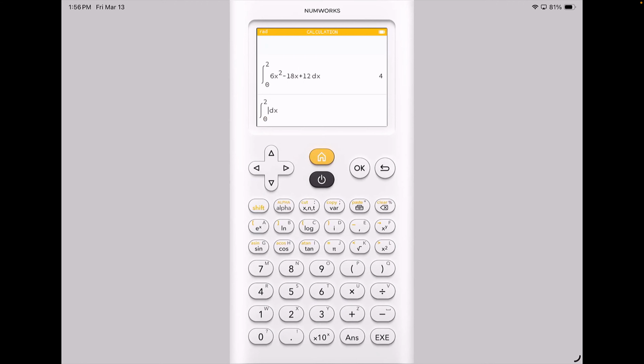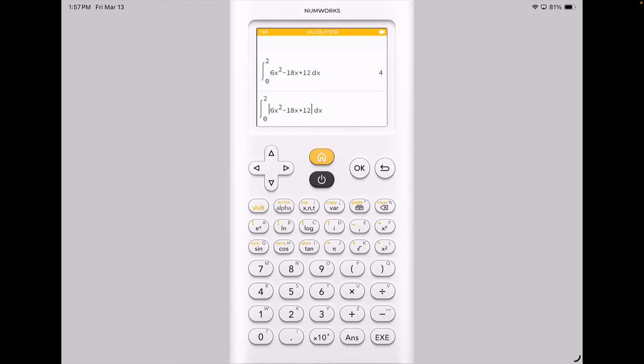Now I want absolute value bars. I'm in the calculus toolbox right now, so I want to go back to the original. You just go back, go back up to absolute value, and there are your absolute value bars. 6x squared minus 18x plus 12.